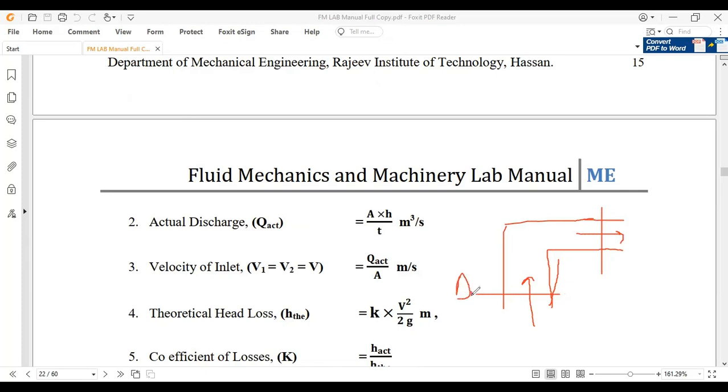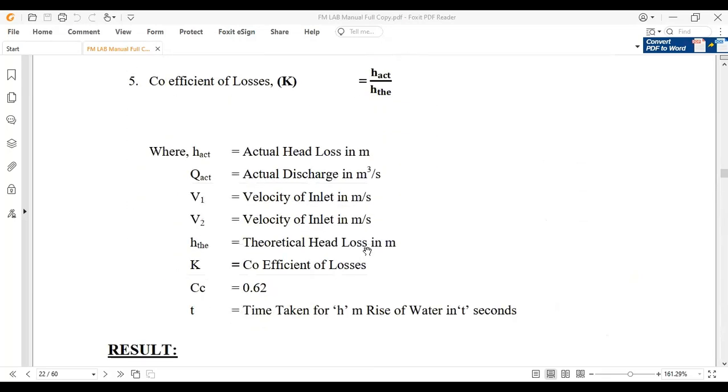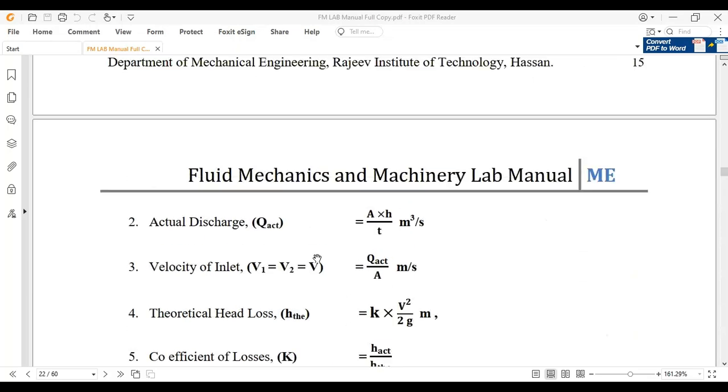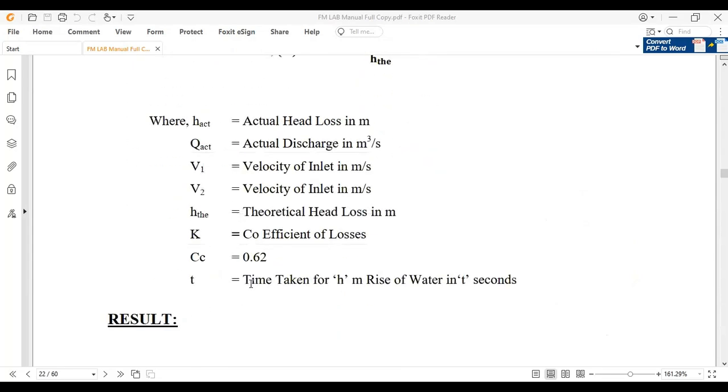D1 is equal to D2, and the area is A. Here we get V. Theoretical head loss can be calculated by K into V square by 2g, with small letter k. So this is about the calculation part for the minor losses in a pipe. Okay, thank you.